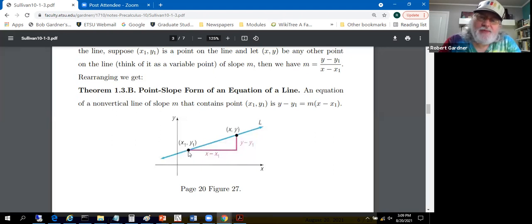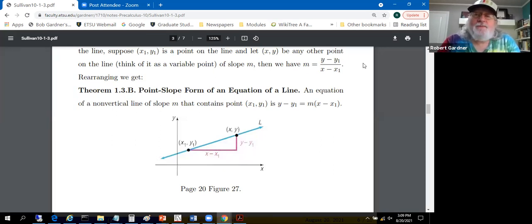We'd go downward, and then we'd have to run a negative amount. We go leftward. In that case, it's still a rise over run idea, but both of those parameters, these differences, would be negative if the point x, y were back here. The numerator can be positive or negative or 0. The denominator can be positive or negative. It can't be 0, of course, because you can't divide by 0.